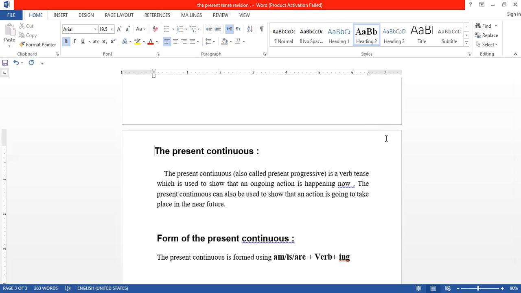The present continuous, or it can also be called the present progressive, is a subtense that we use to talk about an action that is in progress, something that is happening now and is still continuing.